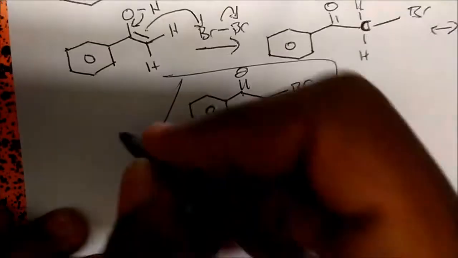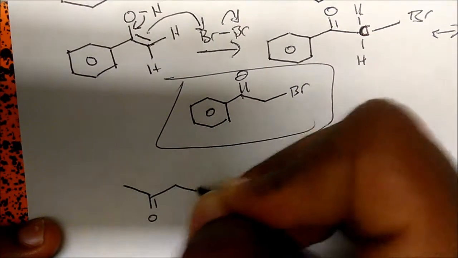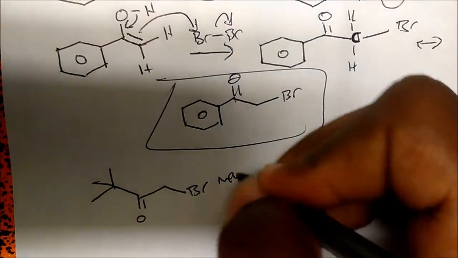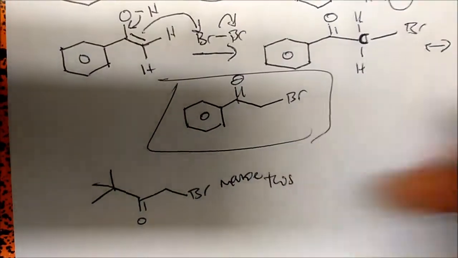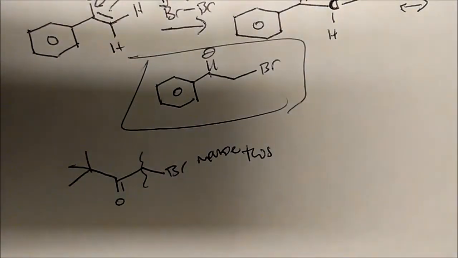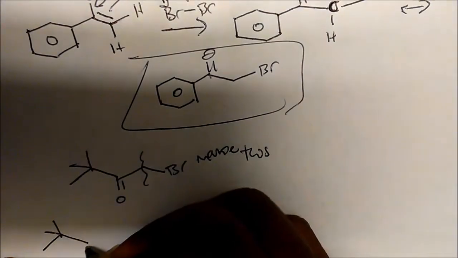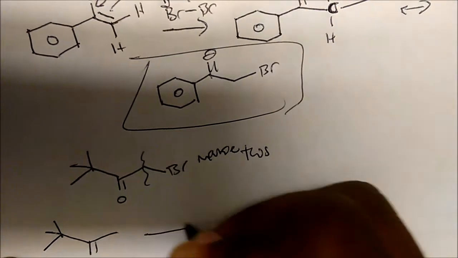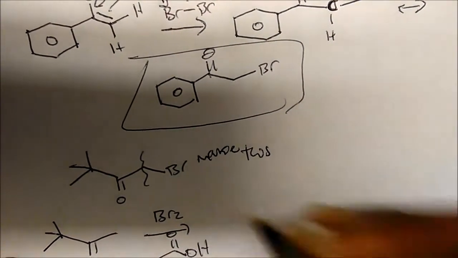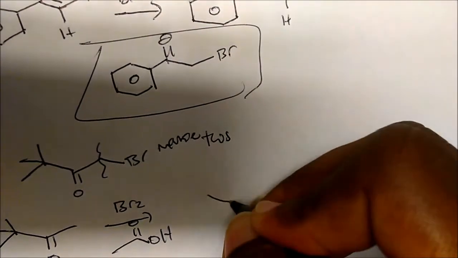So if you want to get addition onto that methyl ketone, then we use acid. So what if in an exam you're asked to make this compound? How would you make it? Well, if I cut this off, I could get a methyl ketone. So if I use this molecule and add Br2 in acetic acid, then I get the desired product.